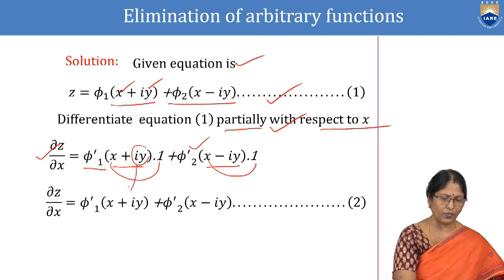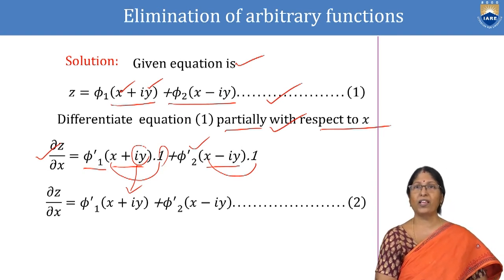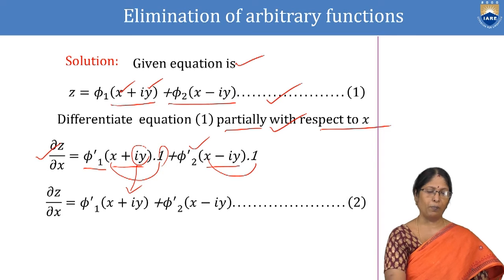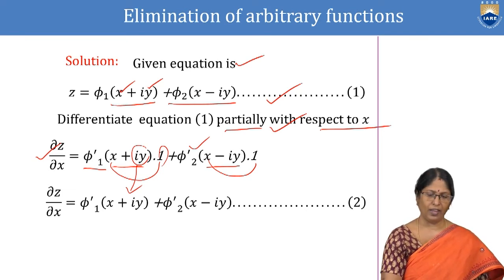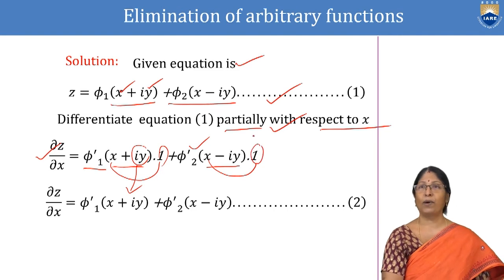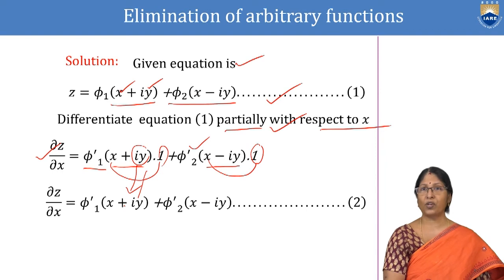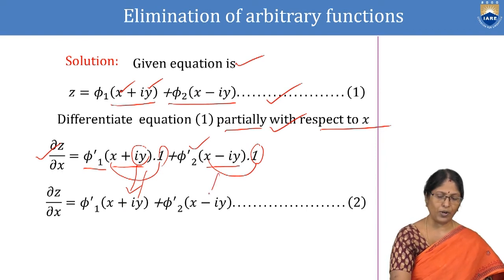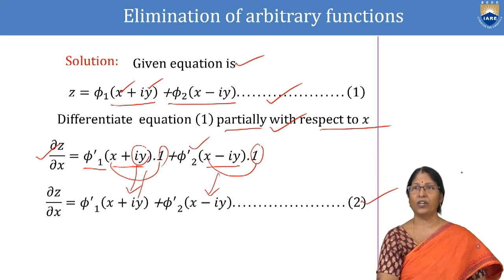The same result comes as it is, because 1 is the multiplicative identity. If you multiply anything by 1, it won't affect the result. Here also 1 is the multiplicative identity. So we got pi 1 dash of x plus iy plus pi 2 dash of x minus iy. This is named equation 2.